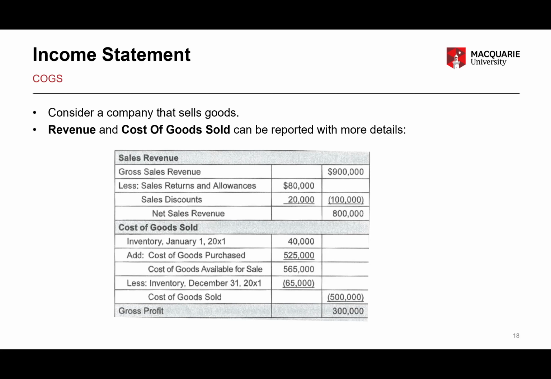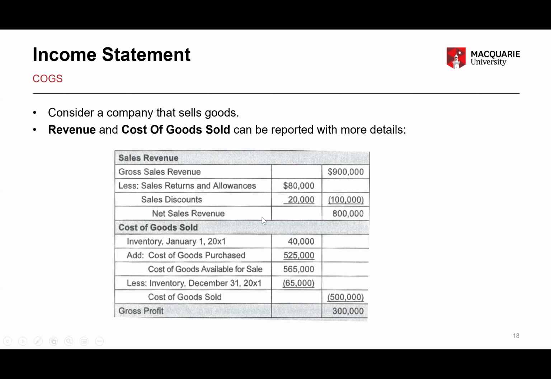So, for example, if we're looking at Woolworths, they have barcodes and scanners.